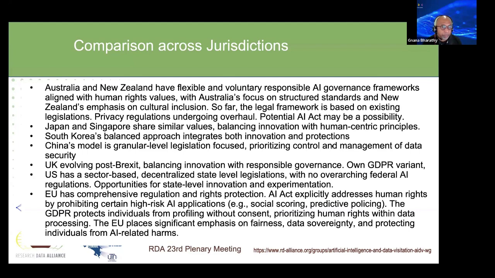It's still less structured, but we expect to see new legislation being discussed, at least in the near future. And so in the interest of time, there are 4 aspects that these are covering, and I would leave the rest for any questions, and I will pass on to the next speaker.